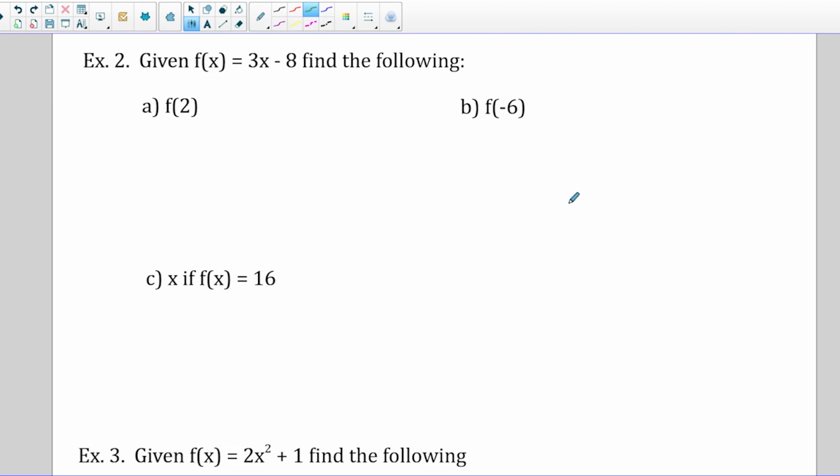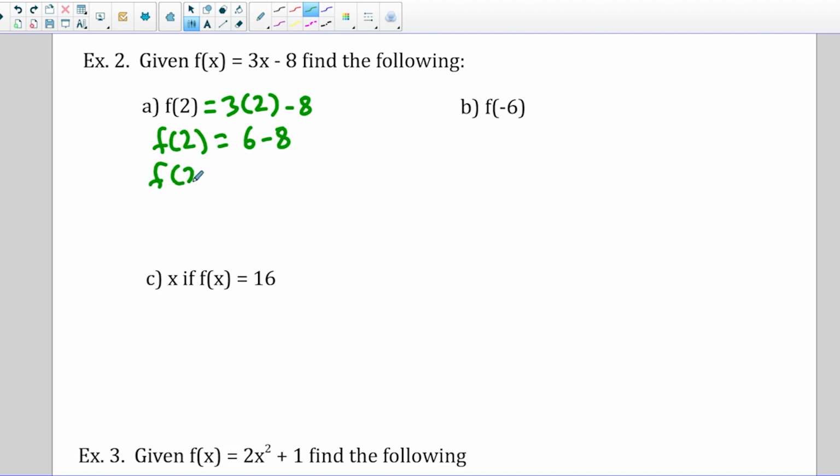So in A, we're given the following. f of x is equal to 3x minus 8. So we're saying what happens if I put a 2 into this function here. We can start off by saying f of 2 is equal to 3 times 2, instead of 3 times x, minus 8. So f of 2 is equal to 6 because 3 times 2 is 6, minus 8.